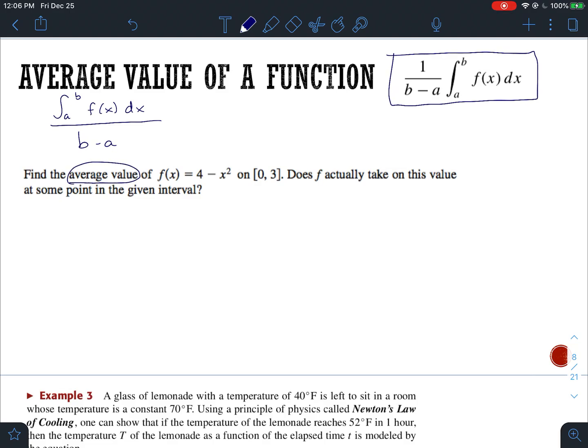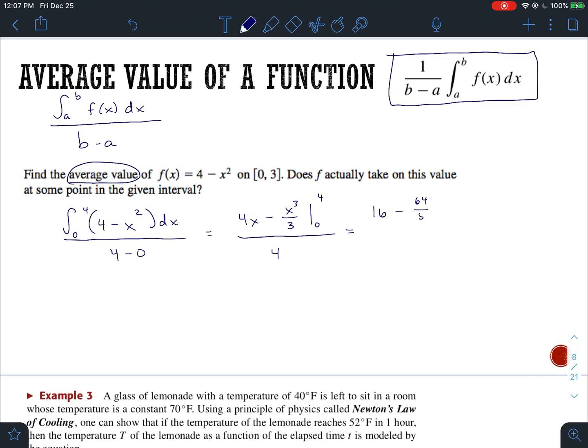So if we want to find the average value of the function f of x equals 4 minus x squared on the interval 0 to 3, let's do it. So we're going to integrate from 0 to 4, f of x, so 4 minus x squared dx, and then you divide by the change in time, 4 minus 0. If I integrate this, I get 4x minus x cubed over 3, and then I want to evaluate that between 0 and 4, and then divide by 4.